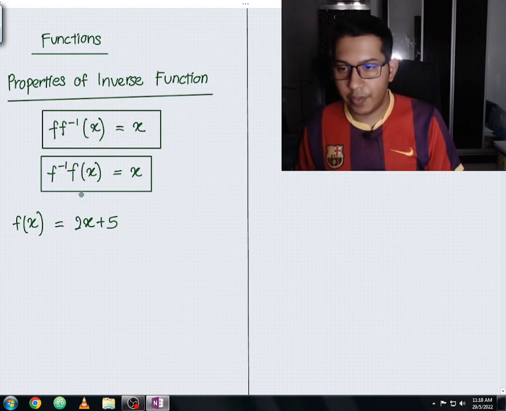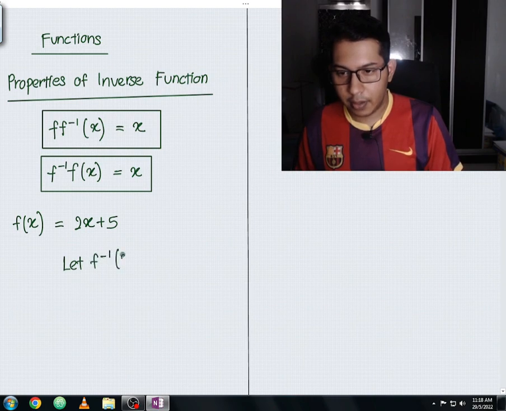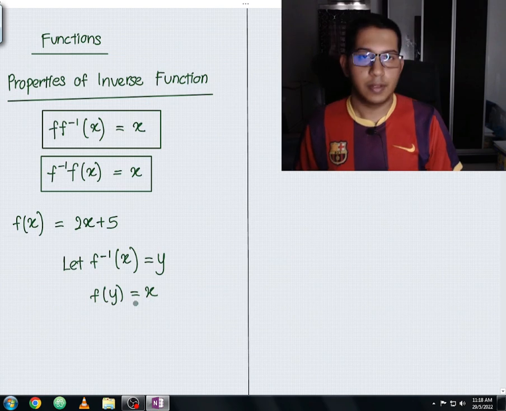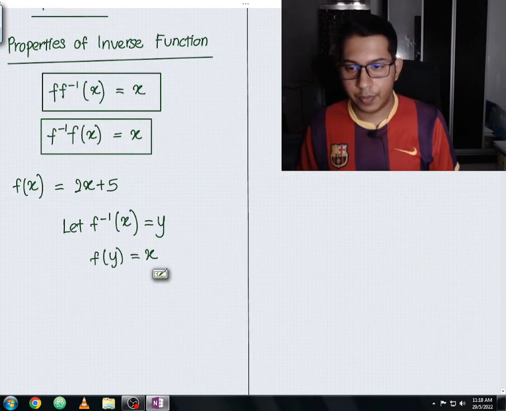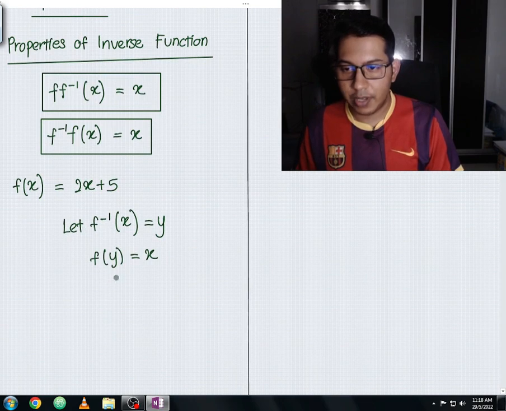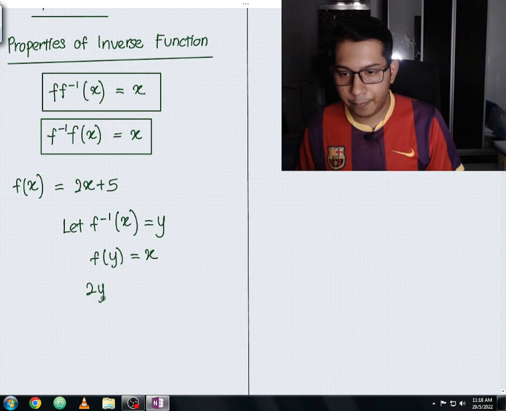To find the inverse, let f inverse x be equals to y, and then from here f(y) is equals to x. So from here the y you substitute into the function f(x), so it will become 2y plus 5 is equals to x.